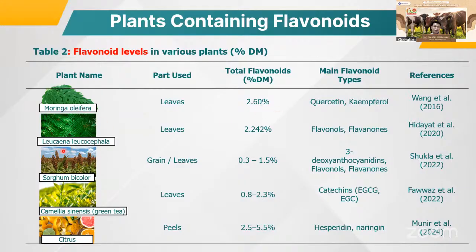In addition, Leucaena, a legume plant, was found to contain flavonoid in leaf about 2.2%. Sorghum, green tea and citrus also contain flavonoid, in suitable components that can affect the microbes as we expect.